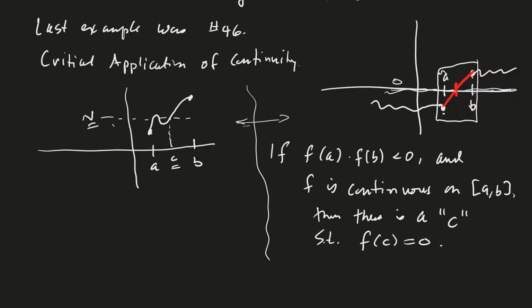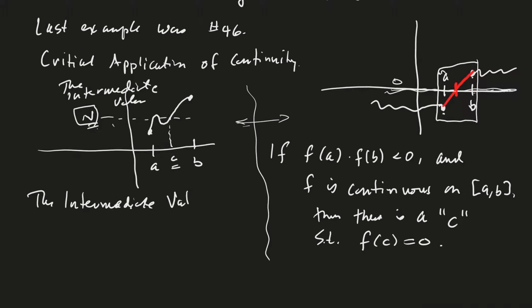Okay, this number n here is going to be called the intermediate value. And our theorem is called the intermediate value theorem.